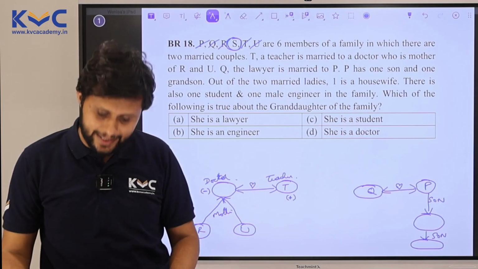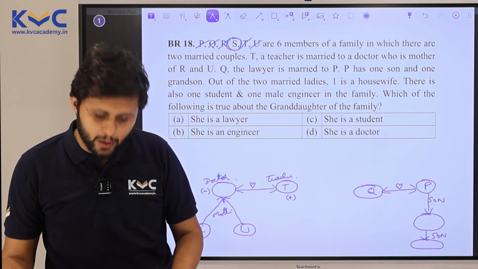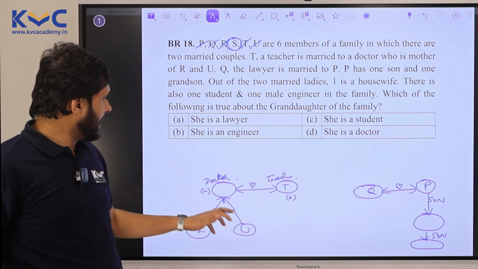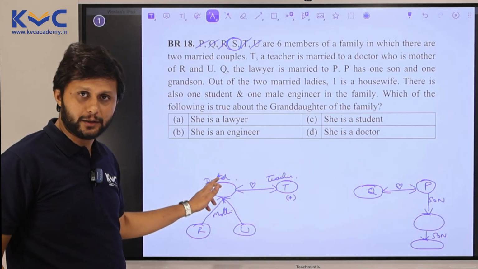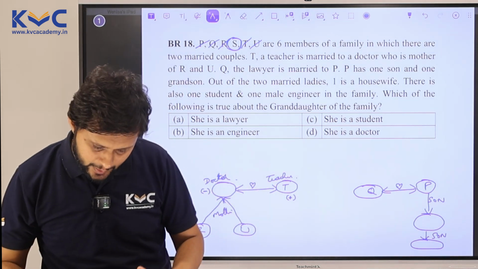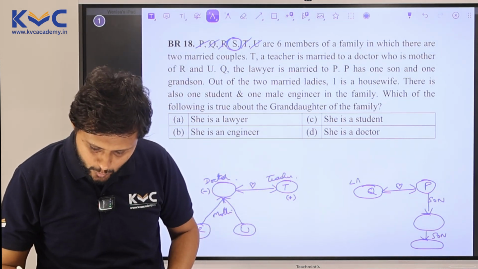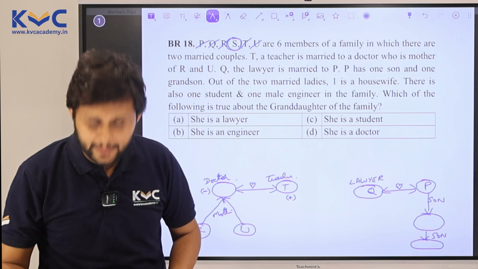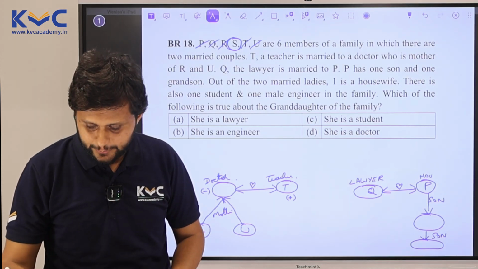Out of 2 married ladies, one is housewife. See, we already had one female member as doctor. That means the other female member is housewife. Now Q was a lawyer, right? Q was a lawyer. So that means P is housewife.